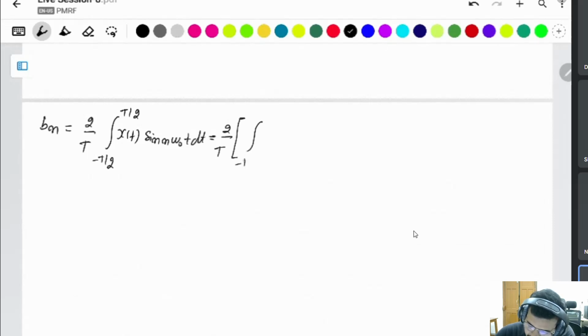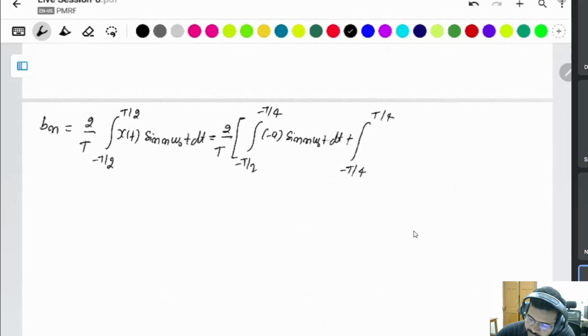Integration from minus T by 2 to minus T by 4, x(t) value is minus A, sine n omega naught t dt, plus from minus T by 4 to T by 4, value is A sine n omega naught t dt.